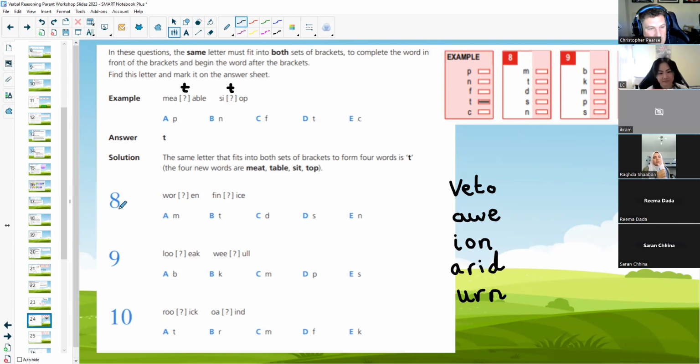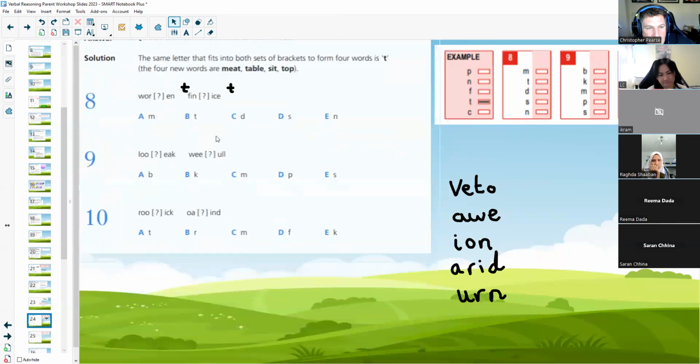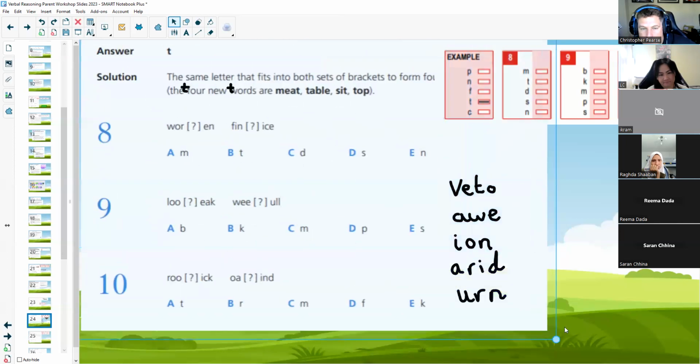So if we move down to question 8, 9, and 10, you've already been brilliant this afternoon at having a go. Would you like to give those 3 a go? What I'll do, I'll just make it a little bit bigger for you all so you can see it all.